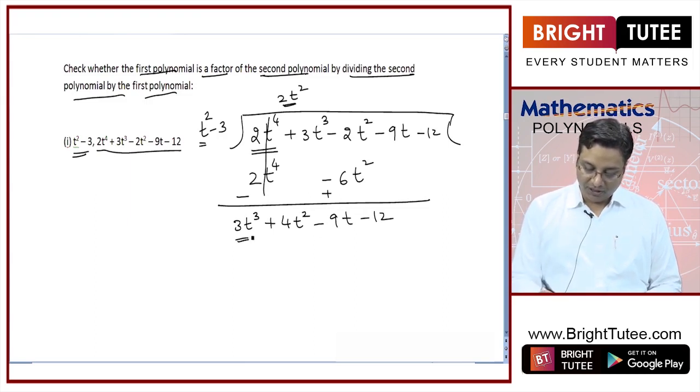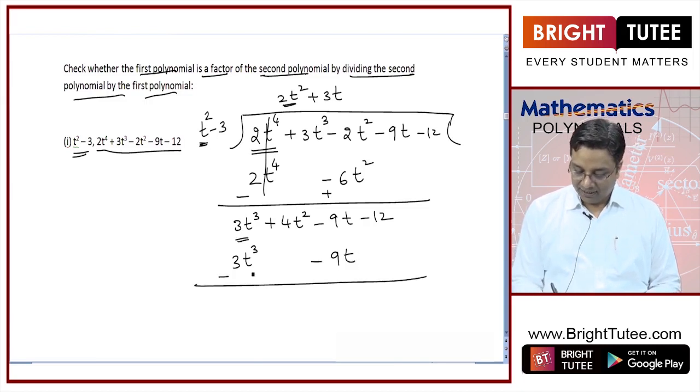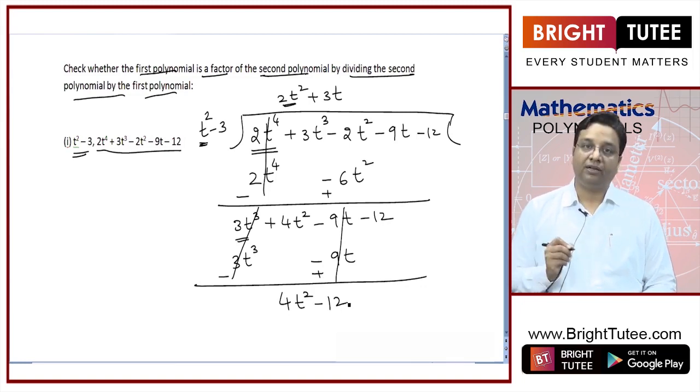So now focus on this term and this term. Plus 3t will give me 3t cubed minus 90. So write minus 90 below this, and then subtract. This will get cancelled and this will also get cancelled. So I will be left with 4t square minus 12.